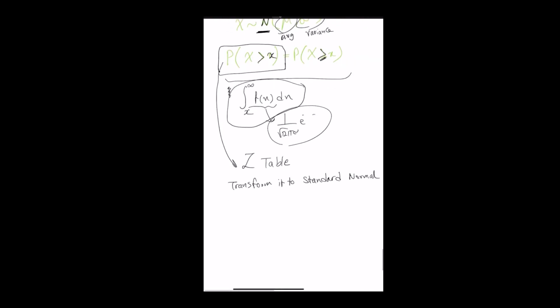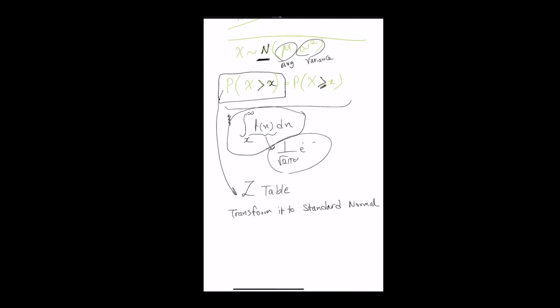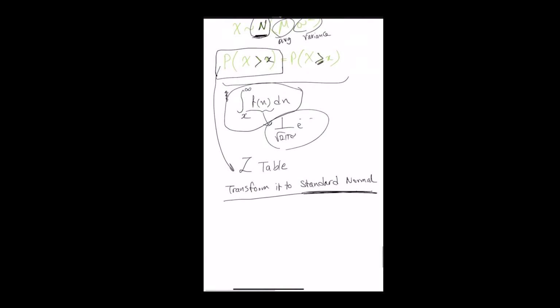So the Z is only for normal, not every continuous, for a normal random variable. A normal random variable is always continuous. There is no discrete normal random variable. So the Z, the transform into standard normal, is always for a normal random variable. So how do we transform to the Z?